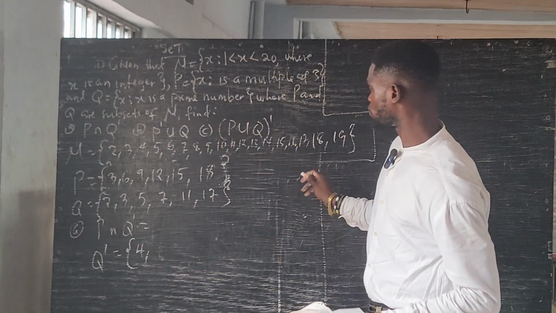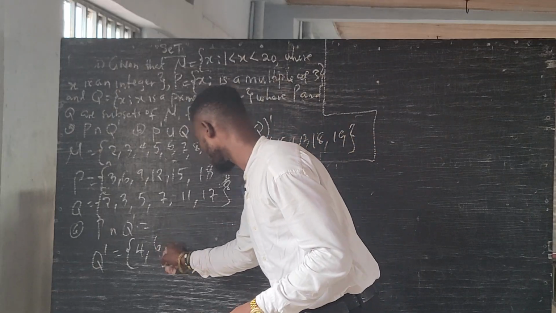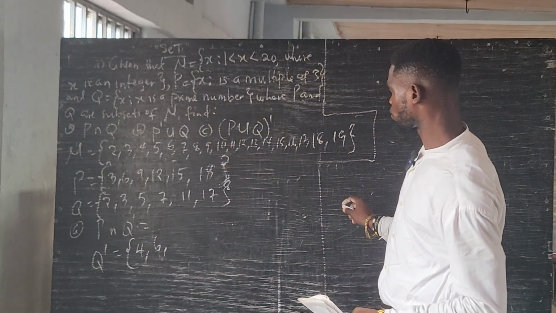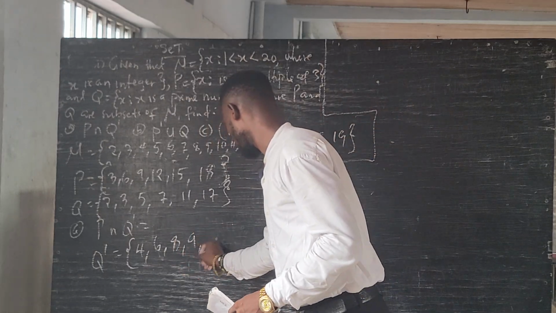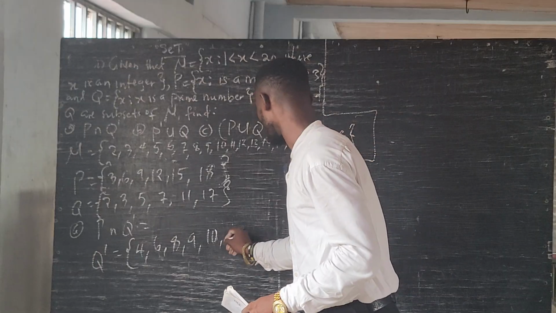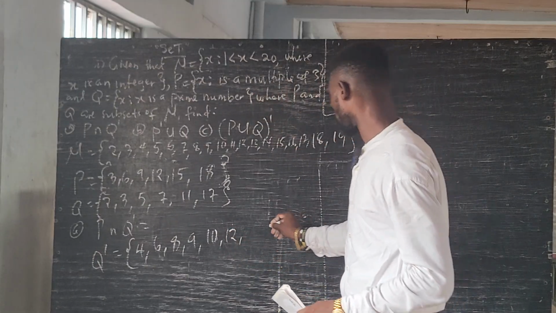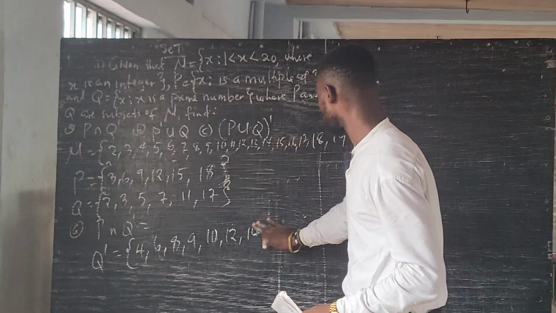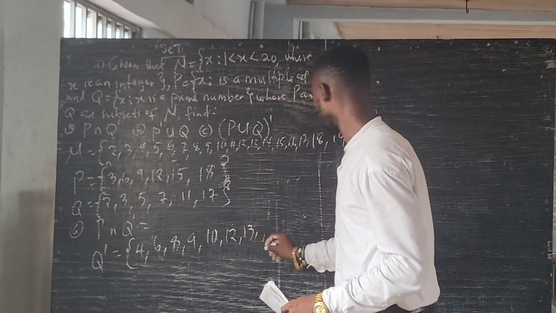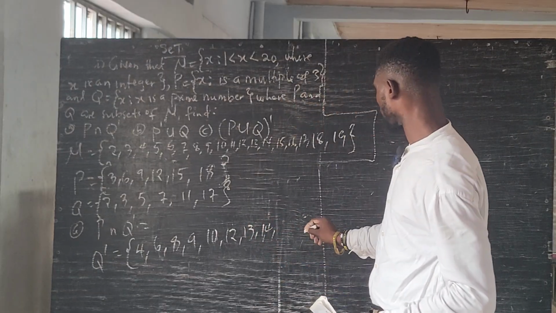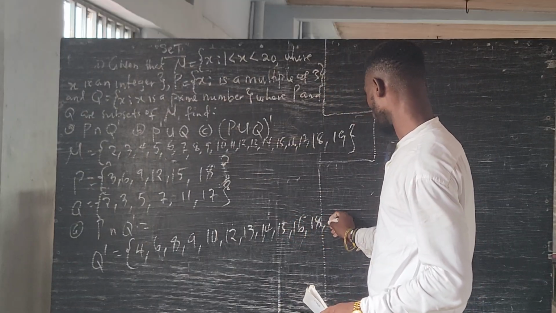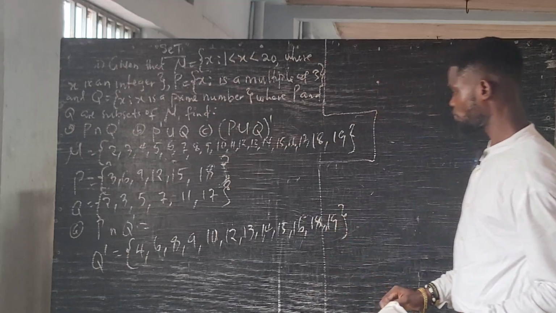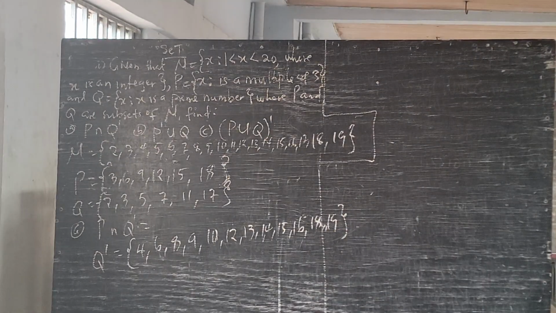We don't have 6, 8, 9, 10, 12, 14, 13, 15, 16, 18, and we don't have 19. That is what we mean by complement.